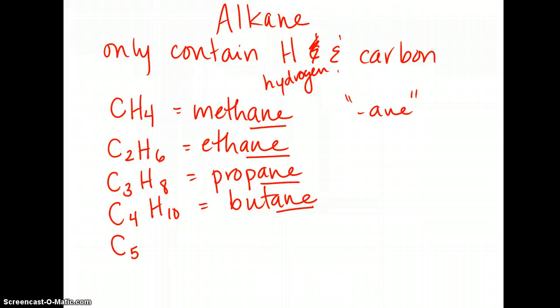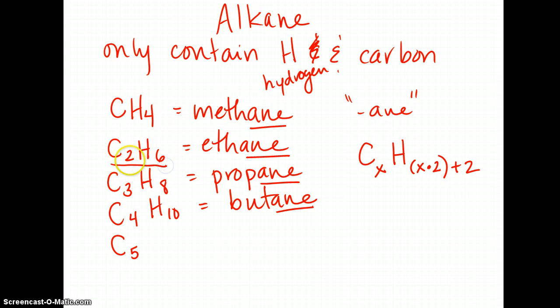The next thing that's kind of cool is actually that alkanes have a chemical formula that's relatively easy to remember. So if you have X being a variable number, let's say the number of carbons, the hydrogen is always determined by X times 2 plus 2. So let's test that out over here.